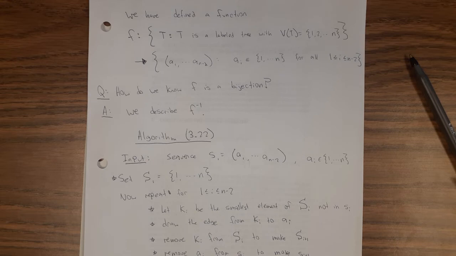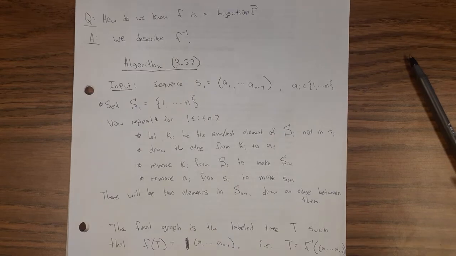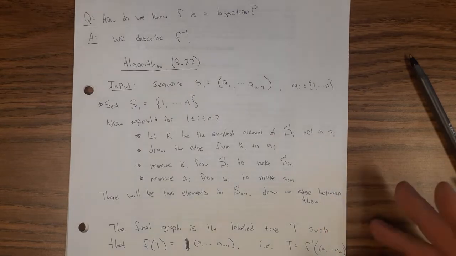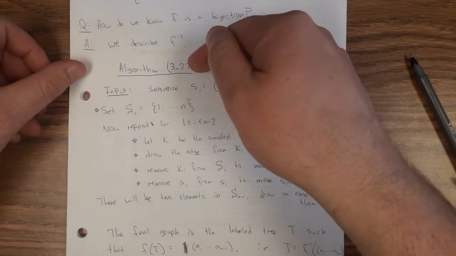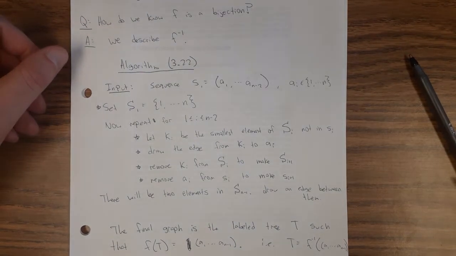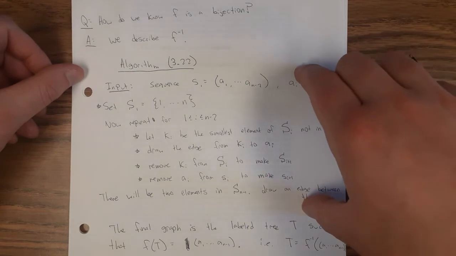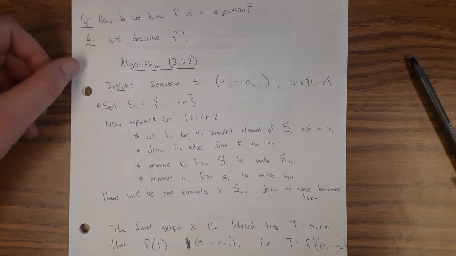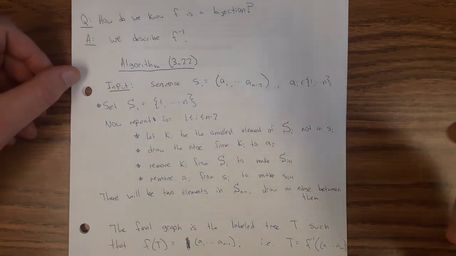I'm not lying to you. I'm just not going to prove it. So, how does this go? This is algorithm 3.22, if you want to look at it. Here's my description of it. My description looks slightly different, but it is the same algorithm.